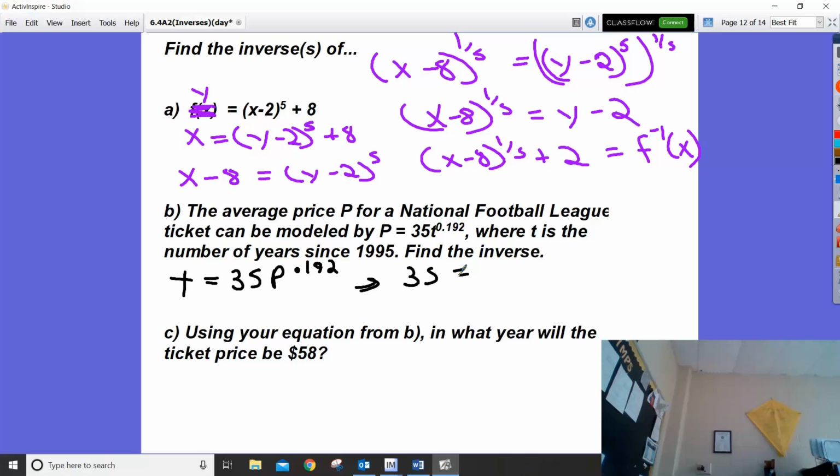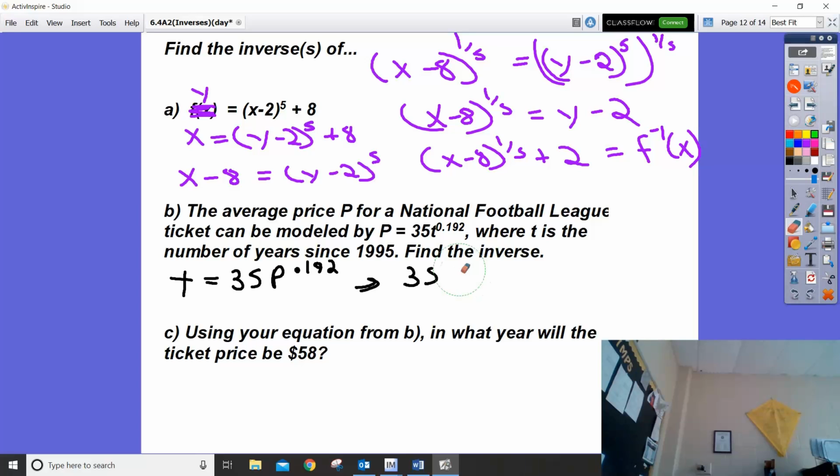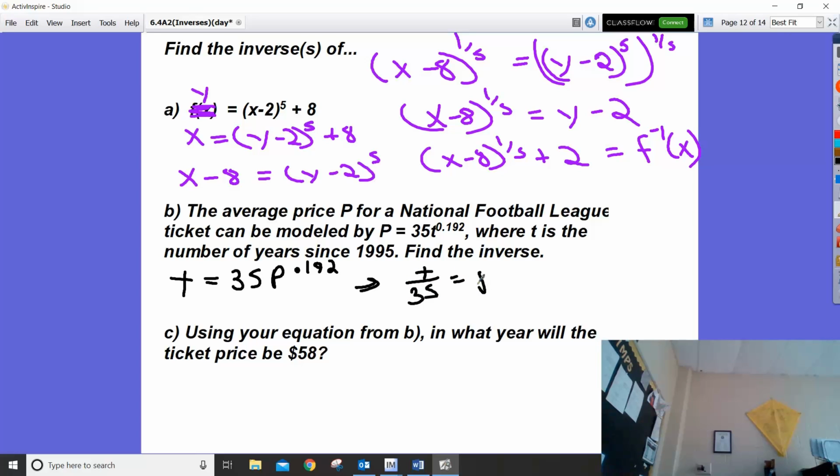I wrote that completely wrong. T is sitting over 35, and that equals P to the 0.192. What is the opposite action of 192 thousandths?